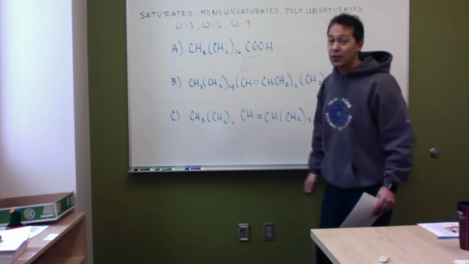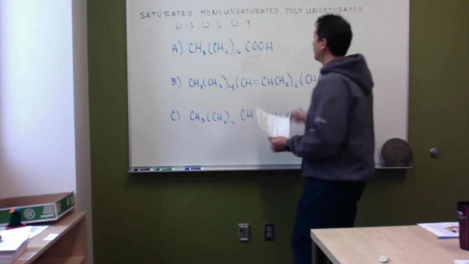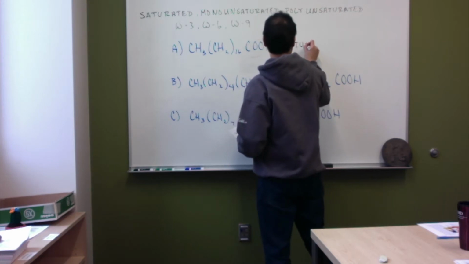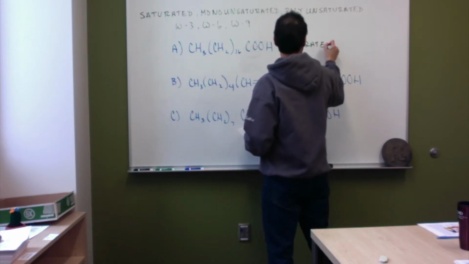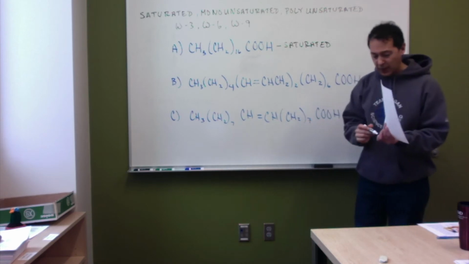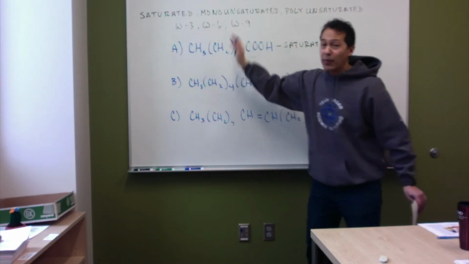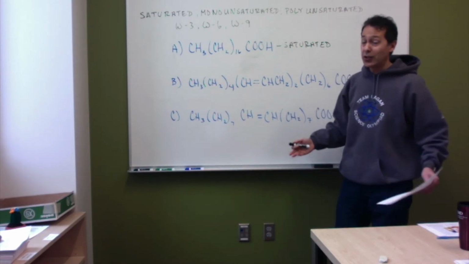There's no double bonds, so we would call this one saturated. Now, we don't add the term omega because omega tells us where the double bonds are.